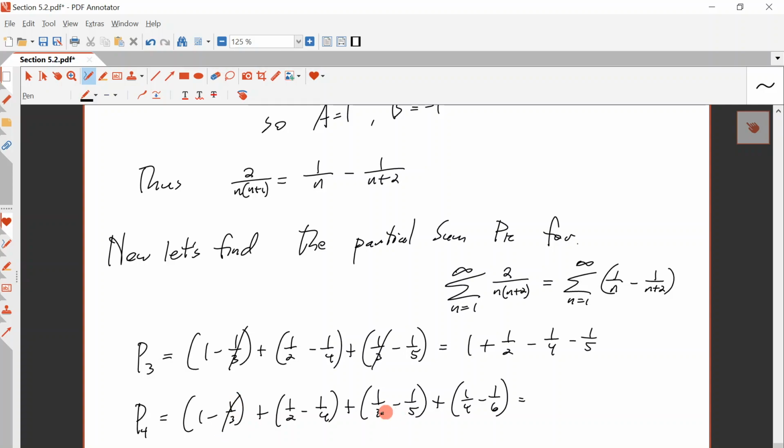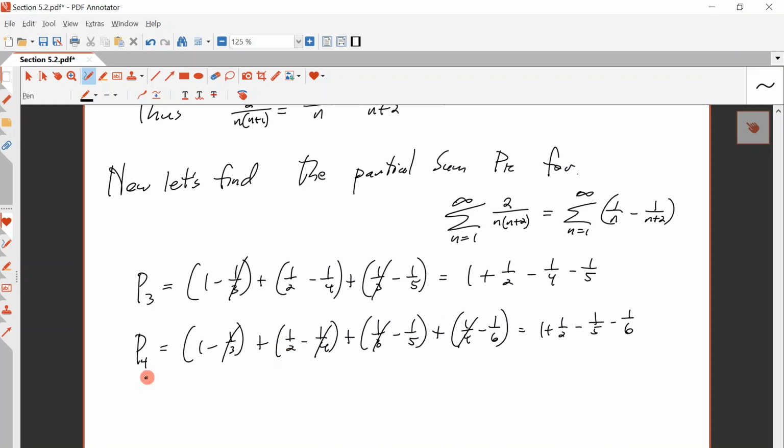So minus a third plus a third, minus a quarter plus a quarter, and I'm left with 1 plus a half minus a fifth minus a sixth. That's the fourth partial sum. How about the fifth partial sum? Well, the fifth partial sum is 1 minus a third. It's the fourth partial sum.